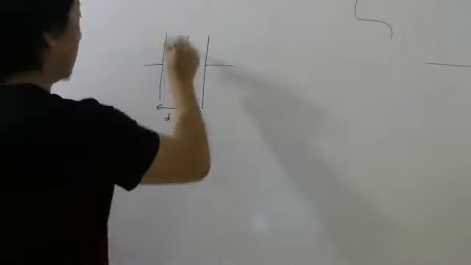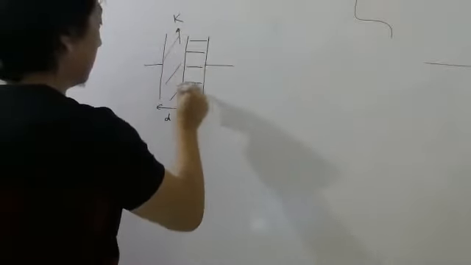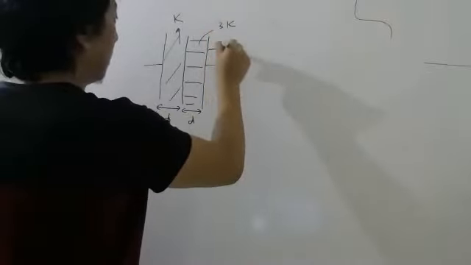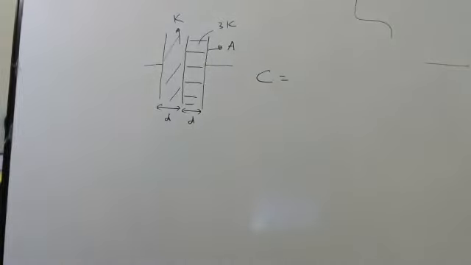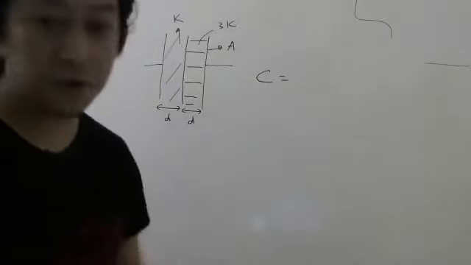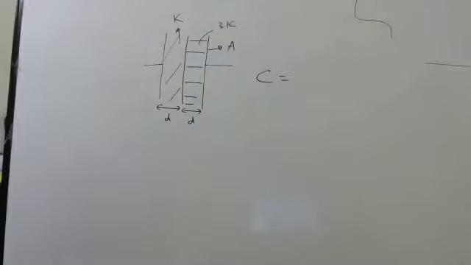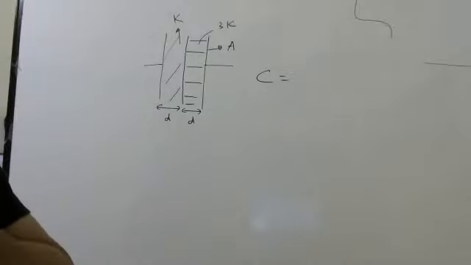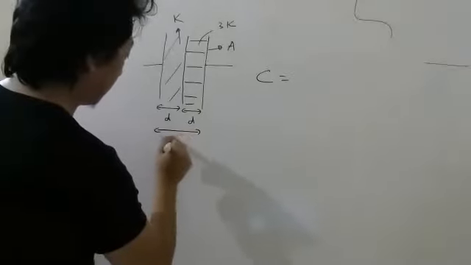And here the dielectric constant is K. Here the dielectric constant is 3K. Area is A. What is the capacitance? Everybody try. For this medium, you try. Very simple. Only 2 mediums I have given again. This total distance is 2D. Okay.